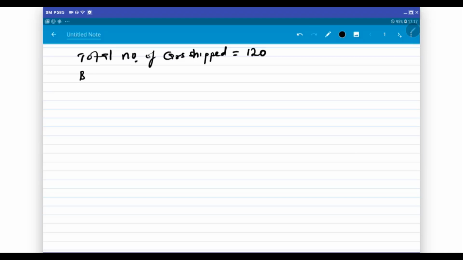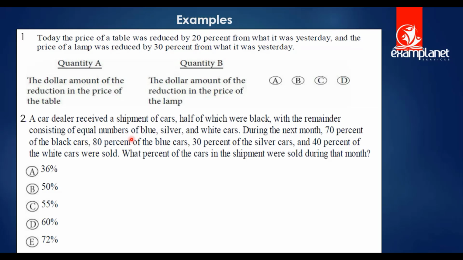So that means black cars will be half of 120, and that will be 60. And then the question says the remainder consists of equal numbers of blue, silver, and white cars. That means the remaining 60 consists of equal numbers of blue, silver, and white.